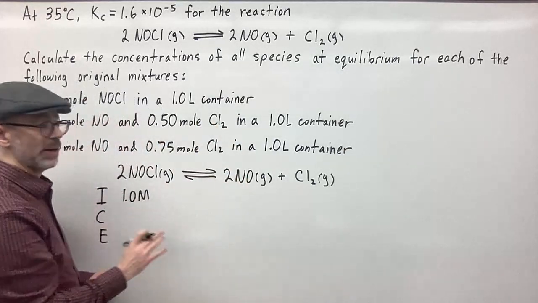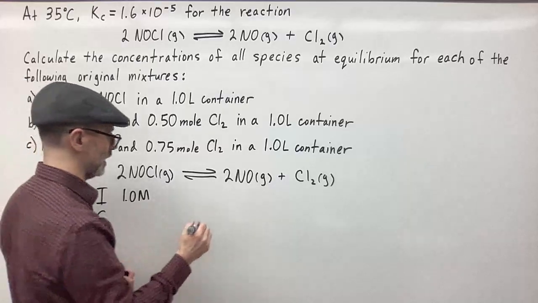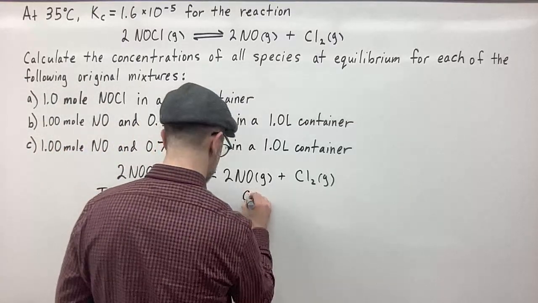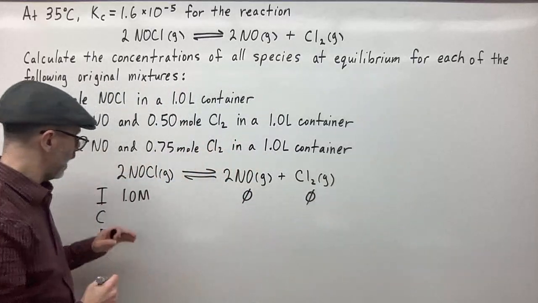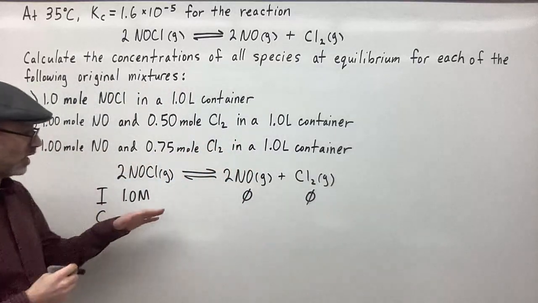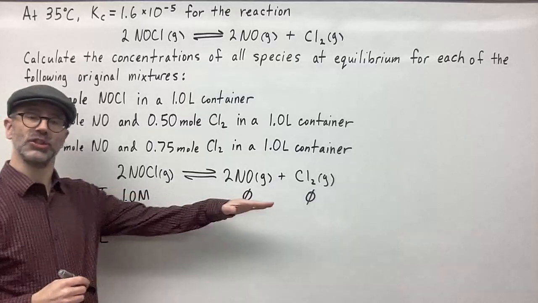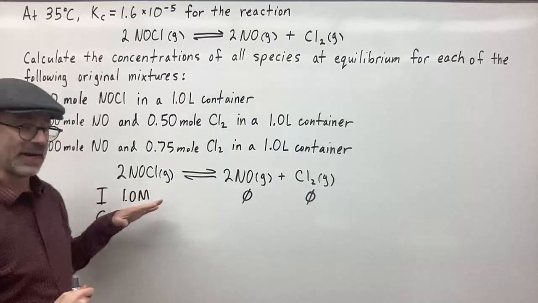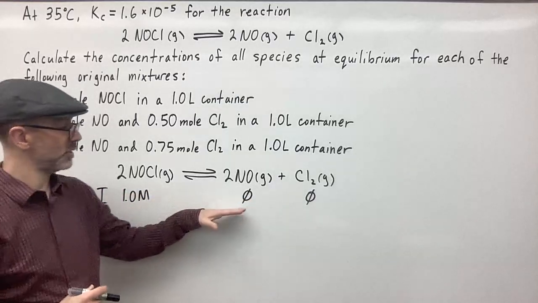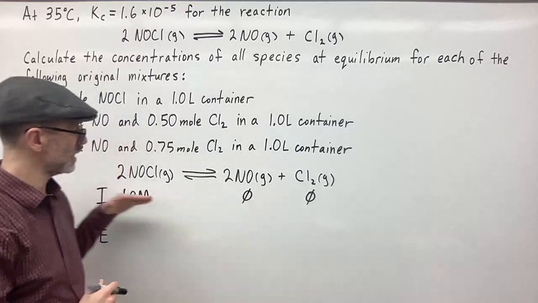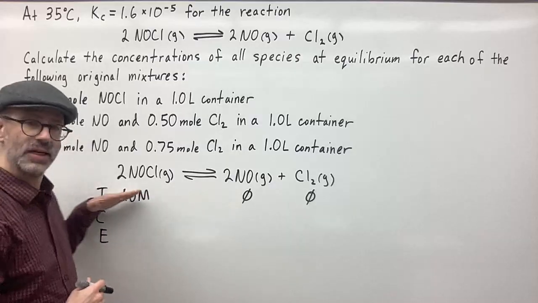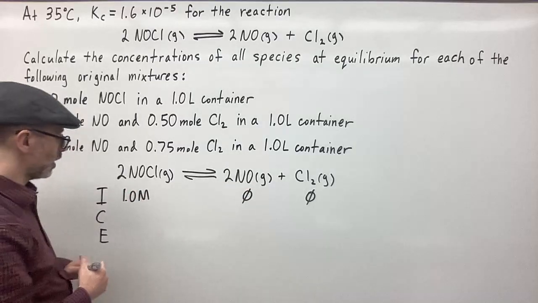They didn't give us any information, so the assumption is we don't have anything there to start with, so we're going to have a 0 amount here and here. That tells us it's going to shift in this direction, because at equilibrium there's going to be some species here and here. We have 0 here, so it's got to fill in that gap. So it's got to shift in this direction to make product.